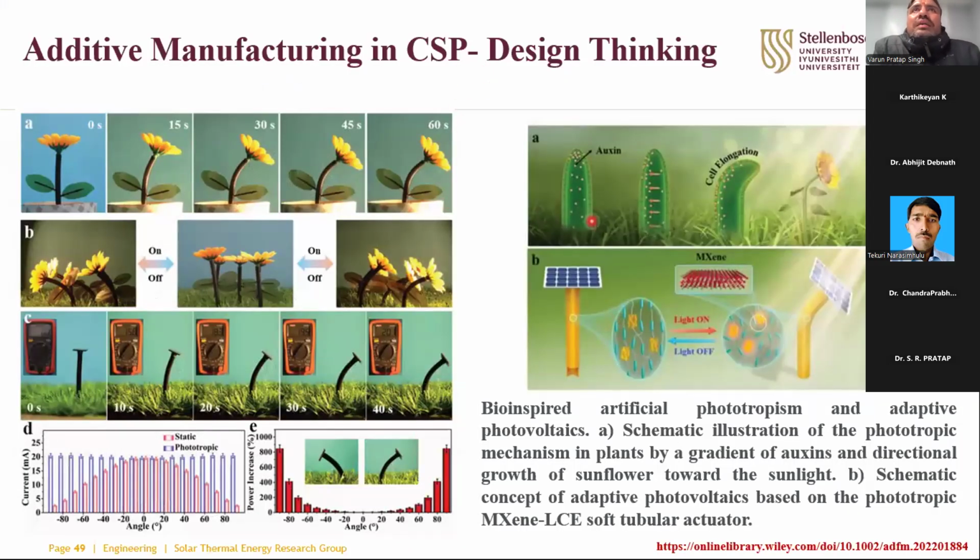Being a mechanical engineer dedicated to solar thermal, these are a few things the solar PV guys are doing. They see that there are a few plants which generally follow the sun trajectory. If there is a PV panel and we want to optimize our electricity production, they are thinking about bio-inspired artificial photosynthesis integration with this particular column, where they do systematic simulations of how it works and what efficiency they can achieve.